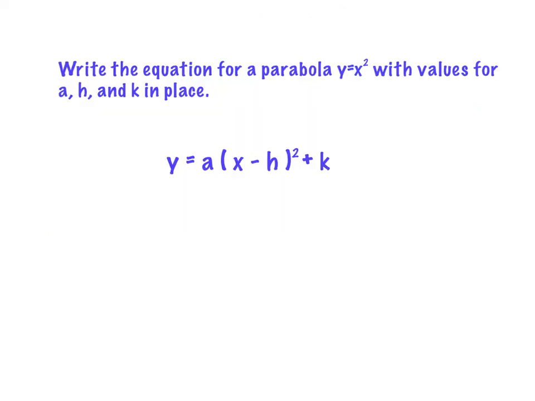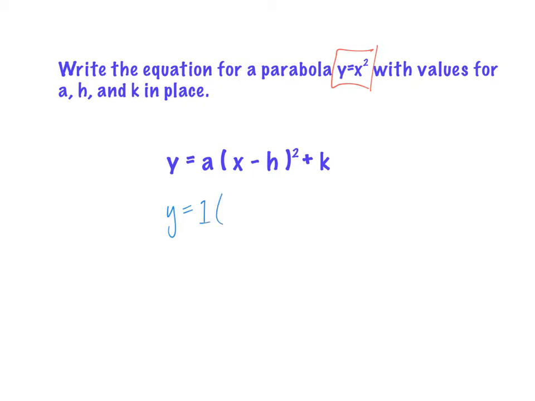So we also want to think about if we have just our parent graph equation, the y equals x squared, what are the values of a and h and k? So if I think about this in terms of y equals, a is being multiplied here, a times this x minus h squared. So if this is really what it's supposed to be, there's no change in what a is. The number that I can always multiply by things without changing them is the number 1.